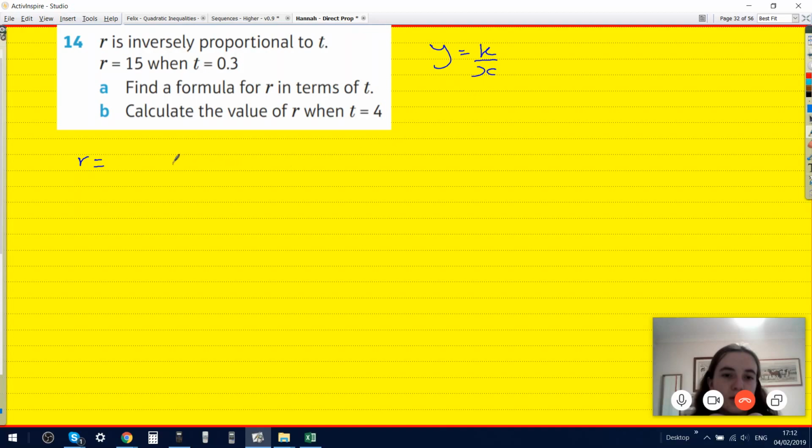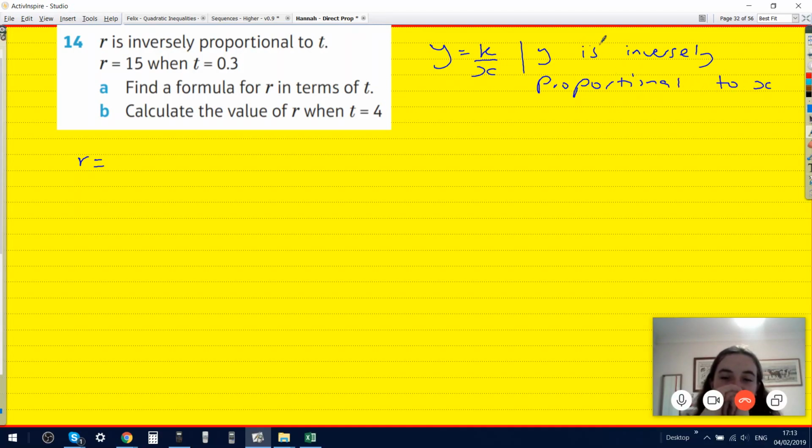They're using different letters this time. 0.3 over something.